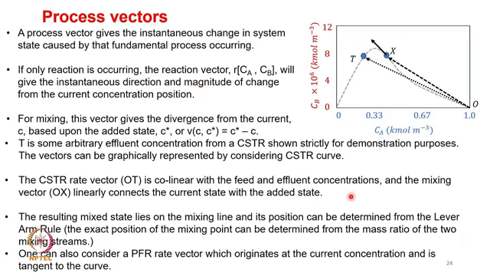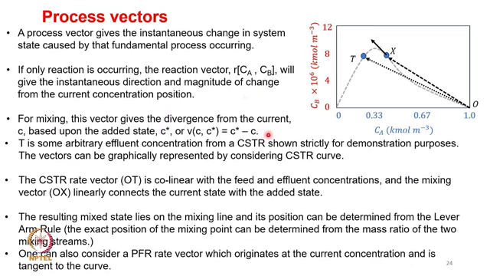So now the next point is to draw the process vectors. Process vectors define the instantaneous change in the system caused by a fundamental process that is occurring. If a reaction is only occurring, the reaction vector in Ca and Cb will give the instantaneous direction and magnitude of change from the current position.